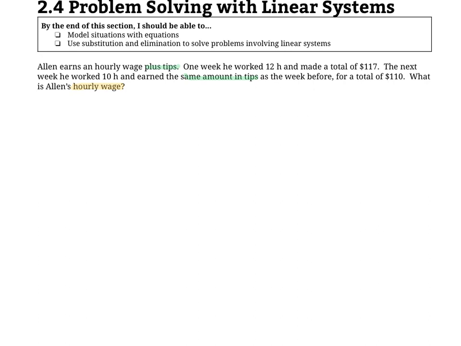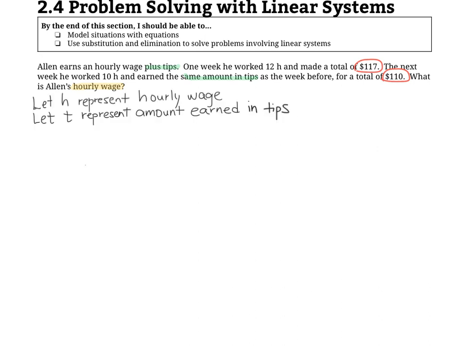But we need to know what that amount is in order to understand how he gets these totals. So knowing this, I can now pick some letters that I'm going to assign for these two missing quantities. I'm not going to use X and Y, but if you want to use X and Y, you can. I'm going to say, let H represent hourly wage, and let T represent amount earned in tips.